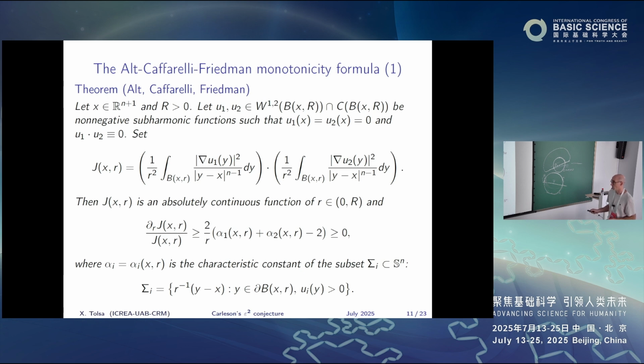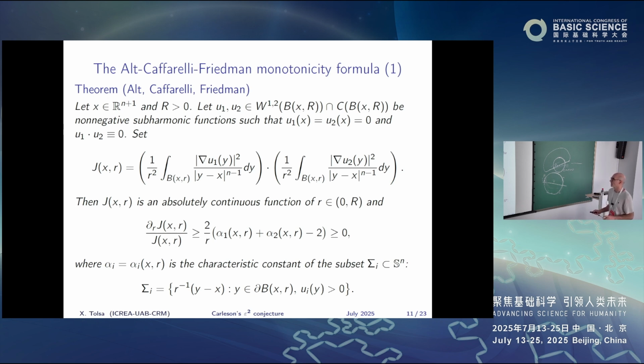So this is a monotone quantity. This is why this formula is called the monotonicity formula of Alt-Caffarelli-Friedman, which has important applications in free boundary problems.